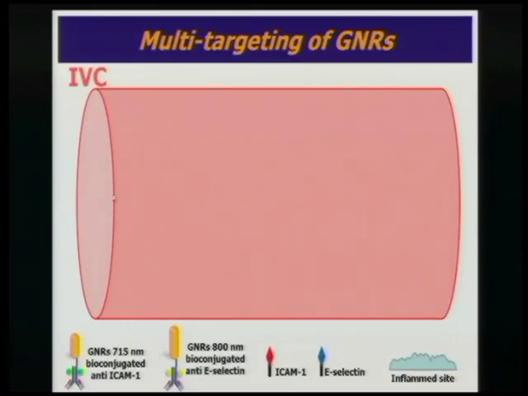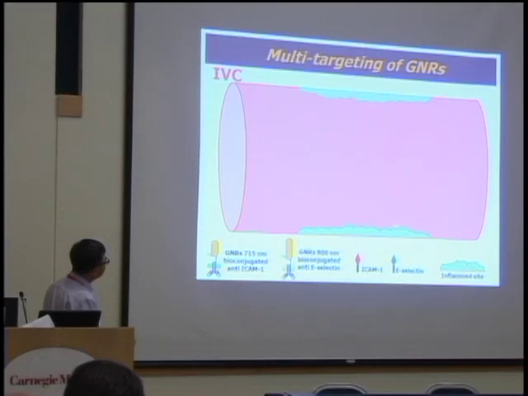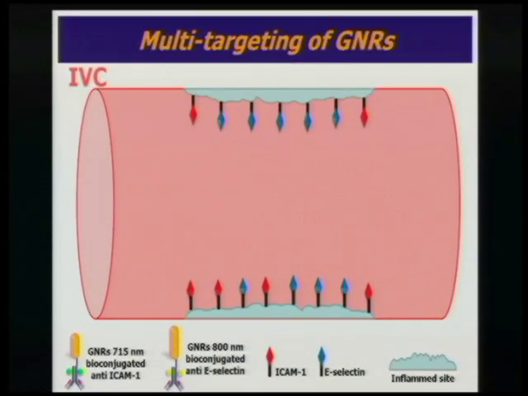So here is a schematic idea. This is a lumen, and you injure it using photosensitized injury, and at the injury there will be an overexpression of ICAM1 and E-selectin, and more.